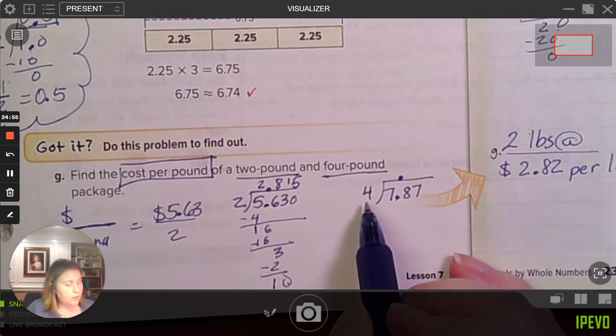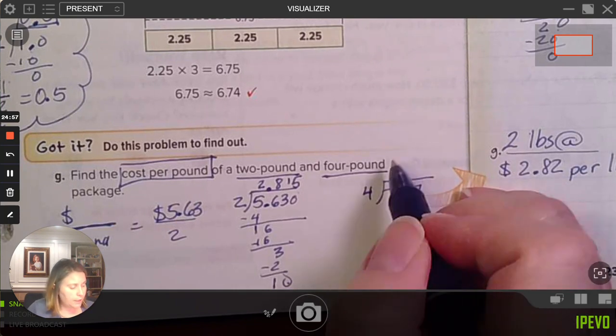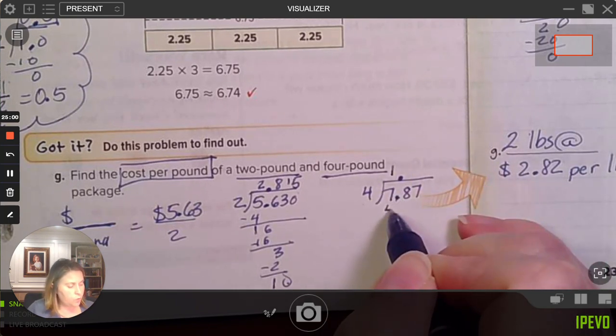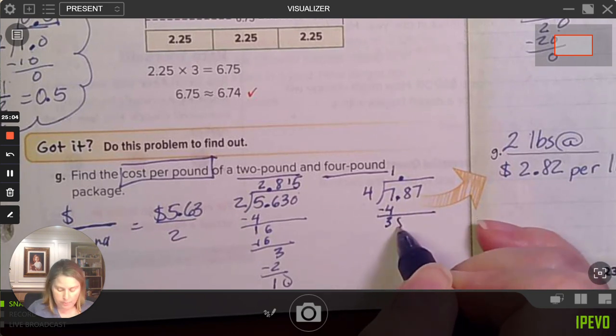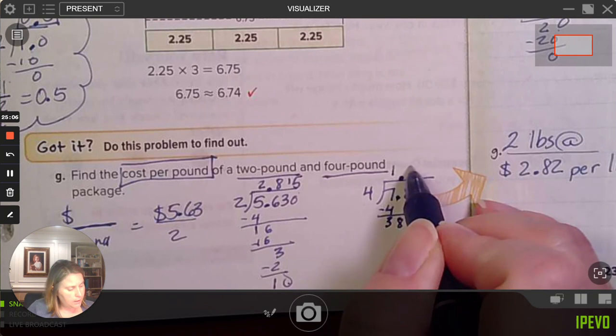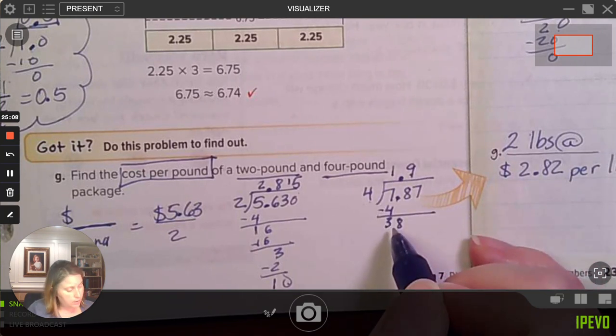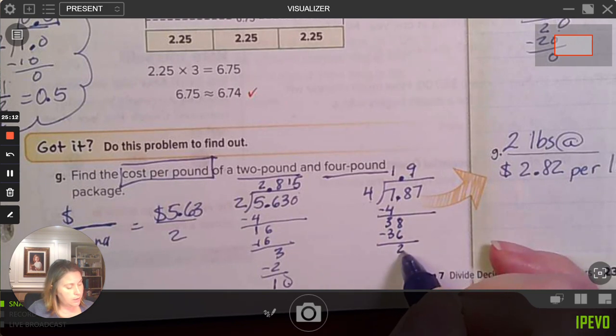Does 4 go into 7? Yes, it does. It goes in 1 time. 1 times 4 is 4. Then we subtract. We get 3. Bring down our 8. This goes in 9 times. 9 times 4 is 36. Then we subtract. 38 minus 36 is 2.